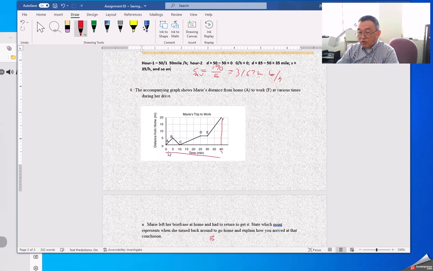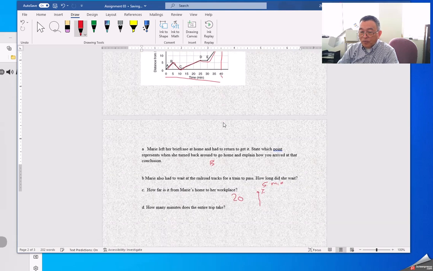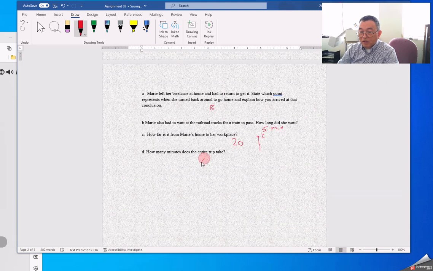She goes out, forgets the briefcase, goes back home, drives slowly, and waits at the railroad station for 5 minutes. Then she realizes she has to catch up, so she goes faster all the way to work. When the slope is higher, she goes faster. So the answer is 40 minutes.